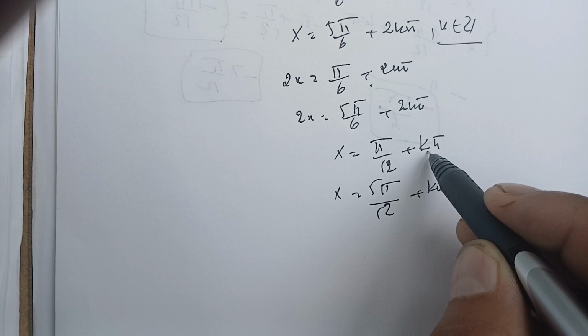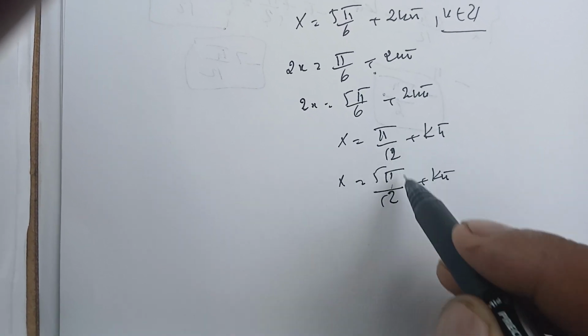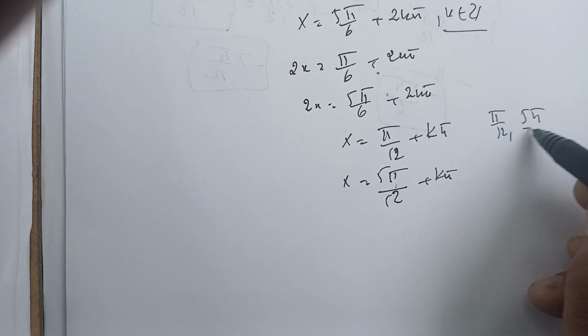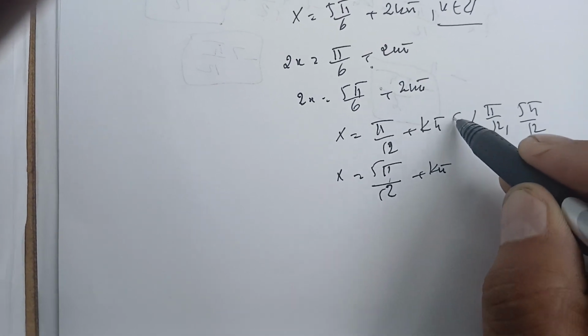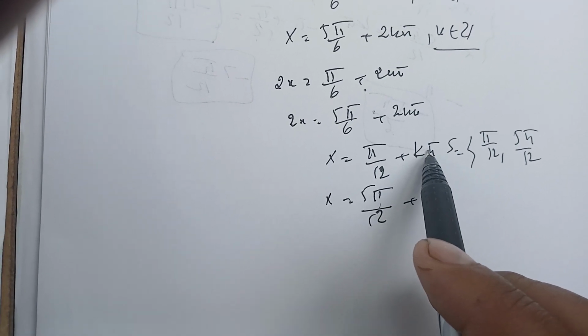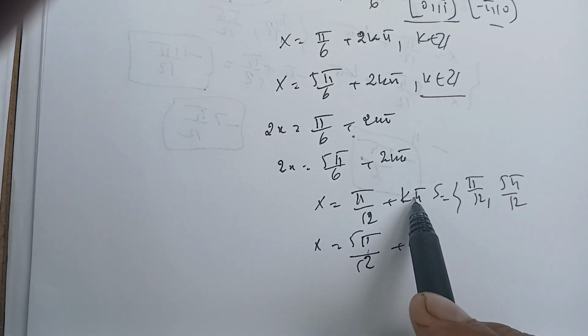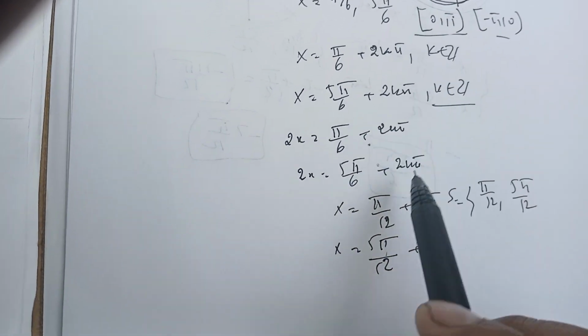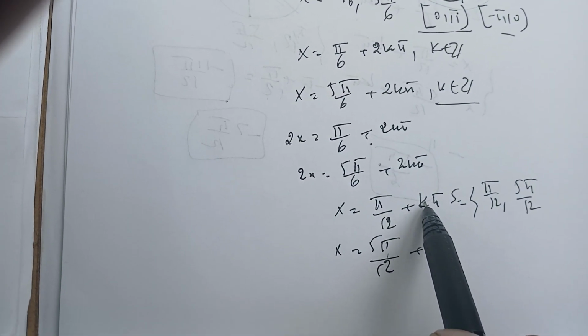Okay, so now for k is 0, I have these solutions: pi over 12 and 5 pi over 12. Let's call this one S. If k is 1, I have this one, but it's going to move to this half, so I'm not going to take k is 1.